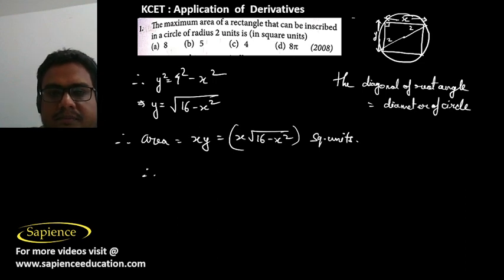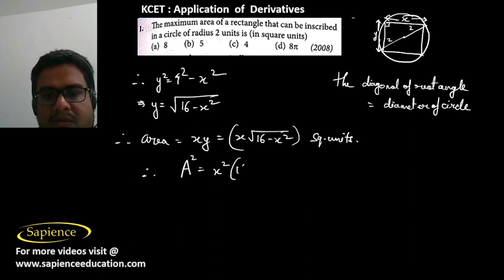Therefore, the area function. Let us take the square of the area. When the area is maximum, the square of the area also should be maximum. The square of the area will be x square into 16 minus x square.